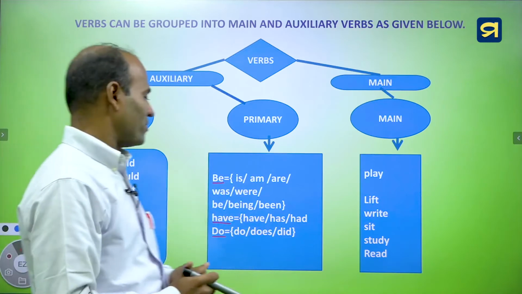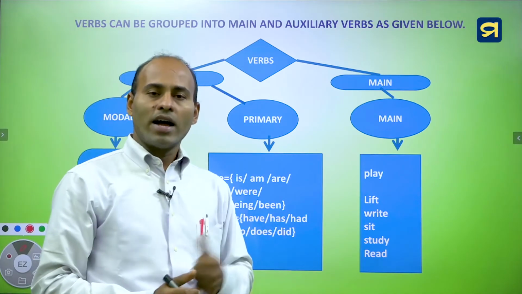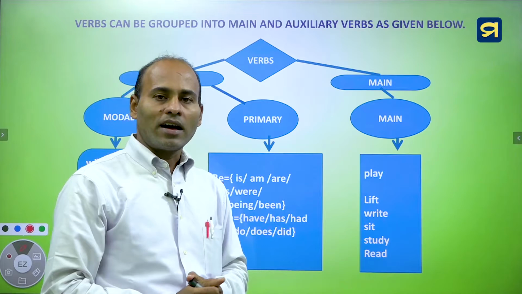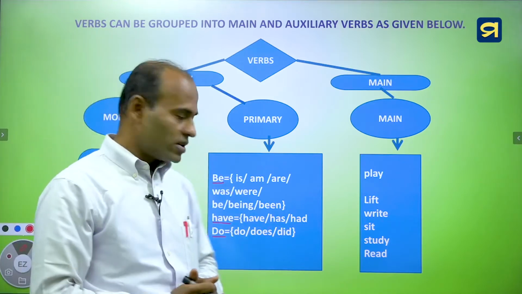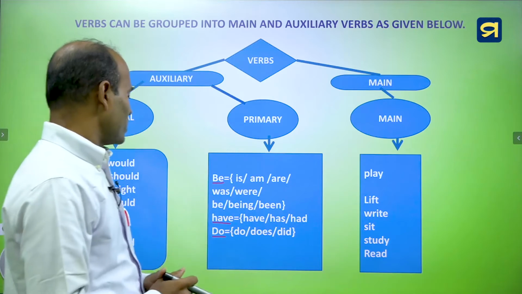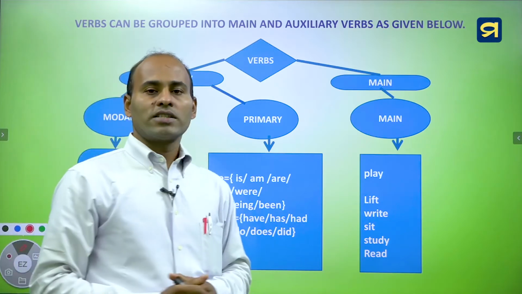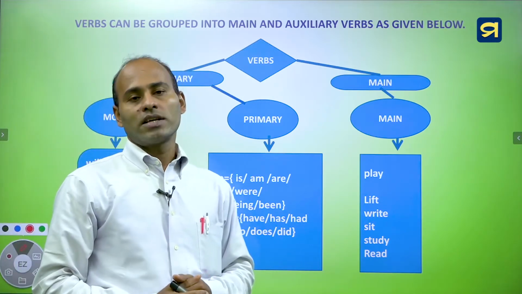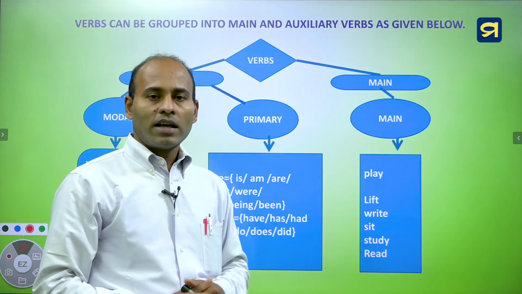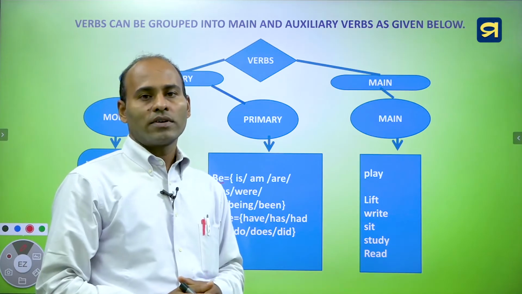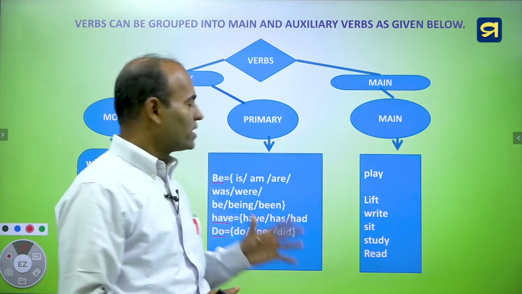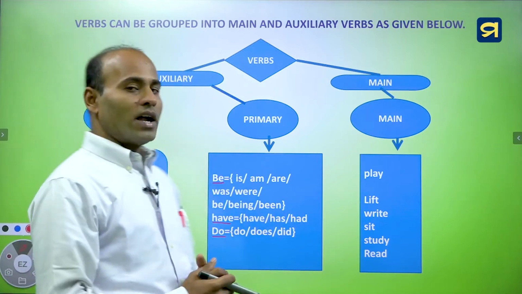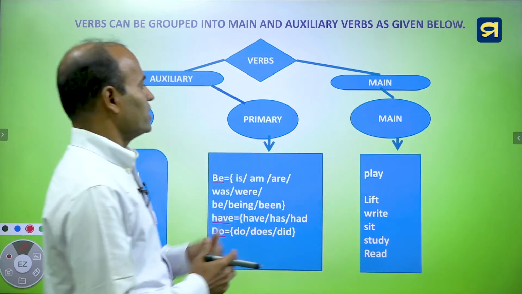In case of have, has and had are the various forms of have that can be used as auxiliaries. Do, does and did can be used as auxiliaries, both in case of main verbs and auxiliaries. That's why be, do and have are primary auxiliaries.